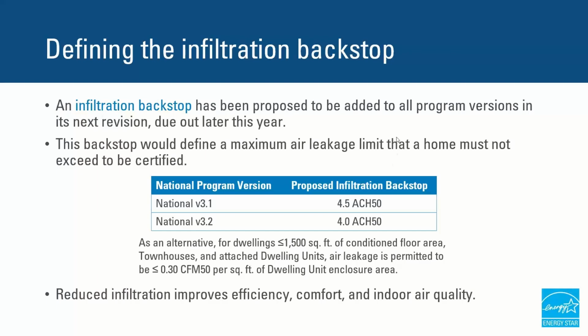It's been 0.3 for our previous versions, but the 2024 IECC adjusted that alternative to 0.27 for dwelling units, and so we're aligning with that in our reference design, which again means that for the ERI path, it's not mandatory, and if you don't meet it, you have to make up for it.